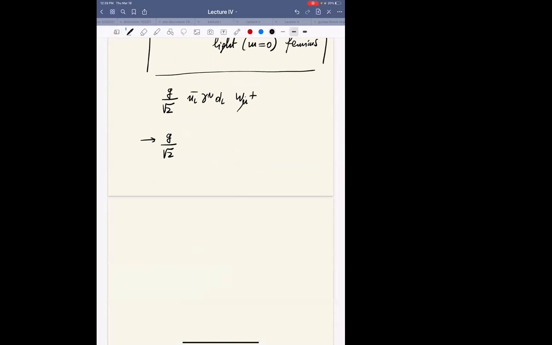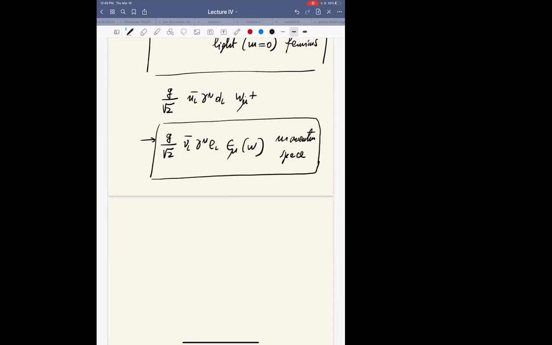So I'm going to write nu_L bar gamma^mu e_L epsilon_mu of W in momentum space. So the amplitude will have the form.